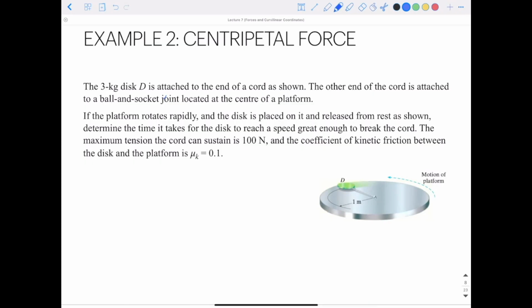So if we know that, let's start by drawing our free body diagram. Let's just look at our disc, and let's try to draw it at the moment that's shown. So our FBD. Here's our disc. We have our tension force acting in our normal direction.